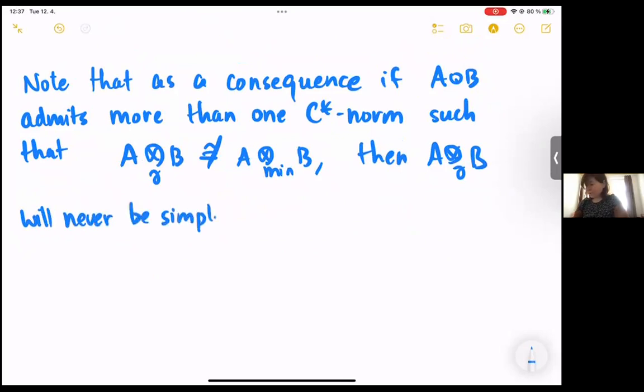Because essentially you'll always get a map from A tensor_gamma B onto A tensor_min B, and this will have a kernel. You just get that map by extending the identity map from the dense subalgebra.